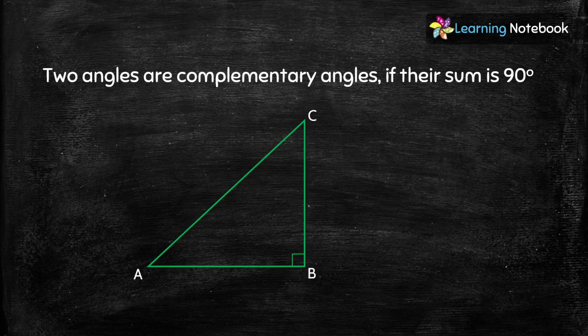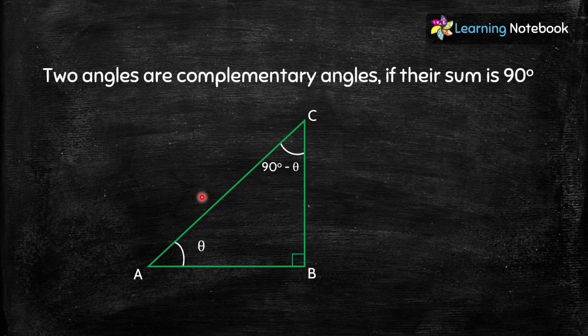So again, let's consider the same triangle ABC right angled at B and angle A equals theta. Since angle A equals theta, angle C will be 90 minus theta because both of them are complementary angles.